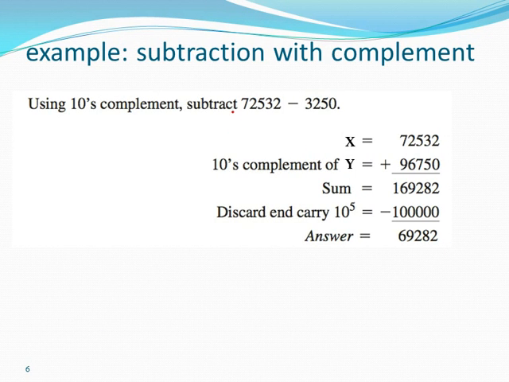So if we subtract those two numbers, in case x is greater than y, then it's quite straightforward. Instead of subtracting this number, calculate the tens complement of y and then add it. Then this number is beyond the number of digits defined, so the remaining value becomes the subtraction result.